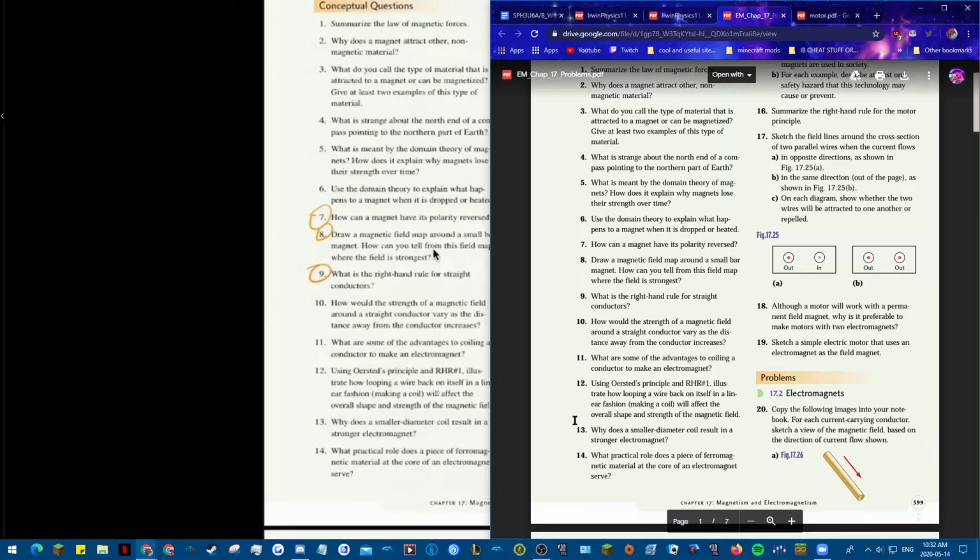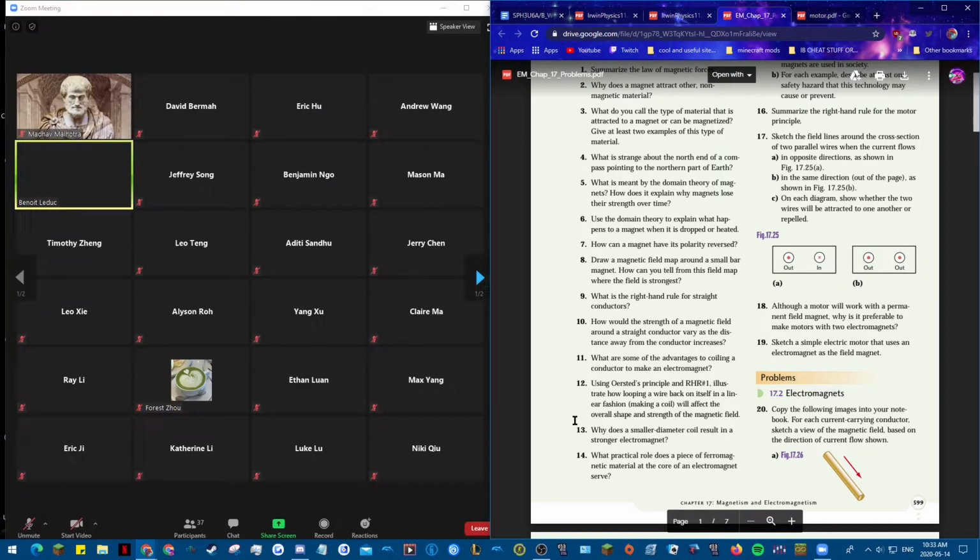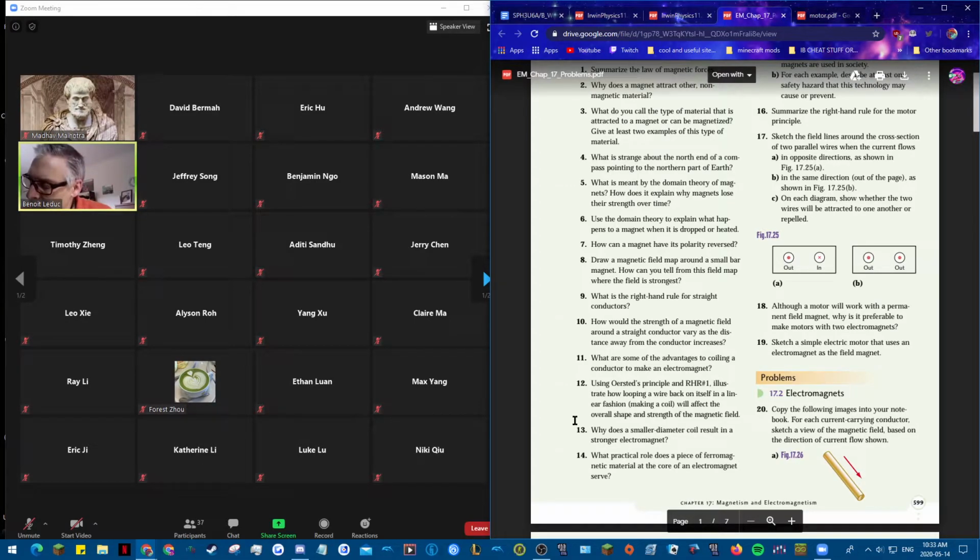Draw a magnetic field map around a small bar magnet. Can you tell from this field map where the, oh, that's something I don't remember if I mentioned. Let's go back to that. Hold on, give me a second here. Something else I want to teach you here.